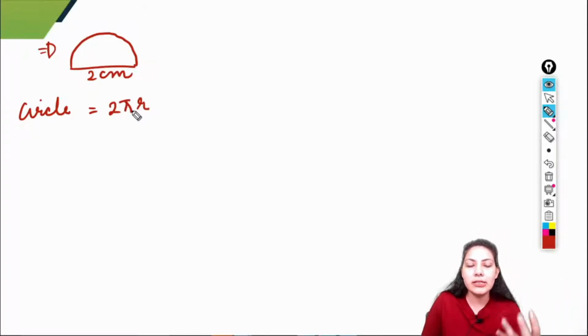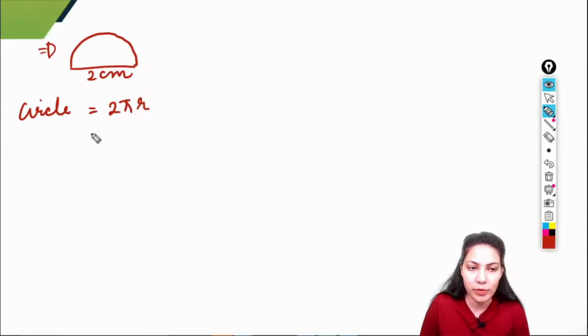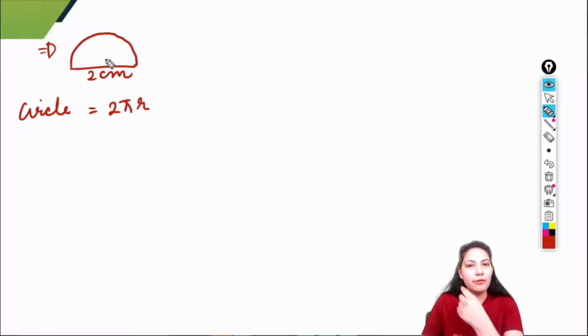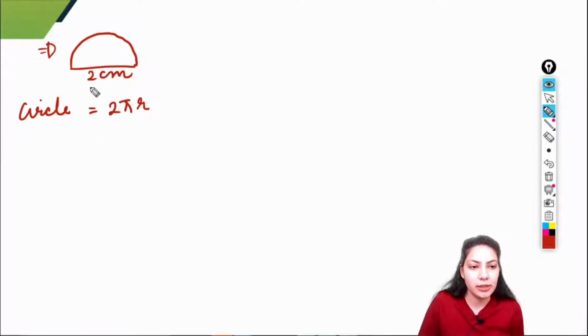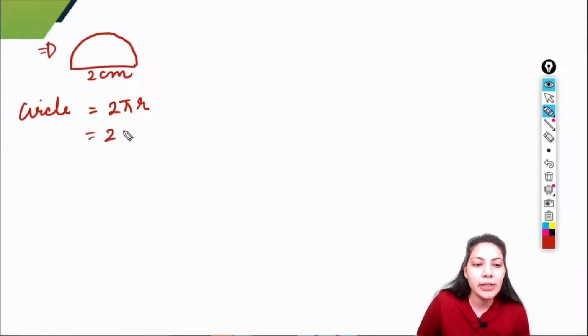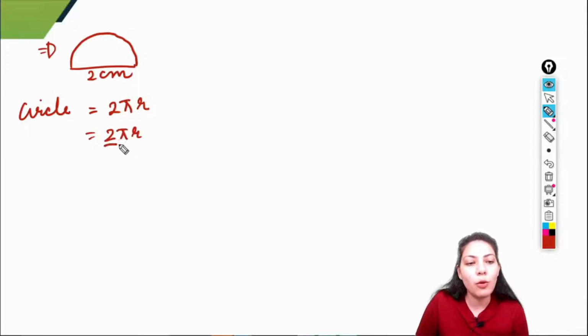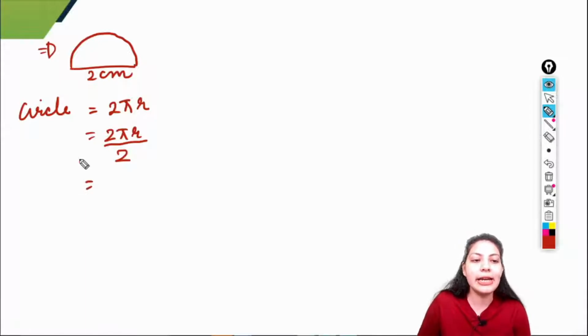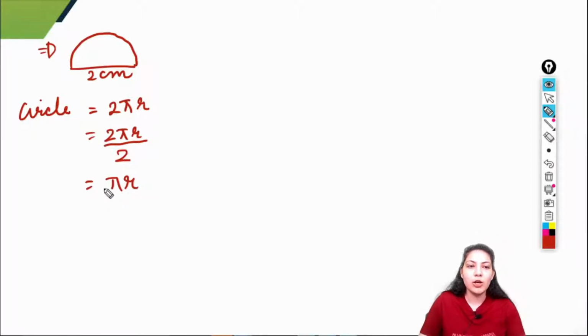We understood this in the previous session. So 2 pi r. But here we are given the shape as a semicircle. Actually a semicircle is half of the circle. So we will divide the perimeter of the whole circle by 2, that is by half, so that we can get the perimeter of the semicircle. So we will get the perimeter as pi r.